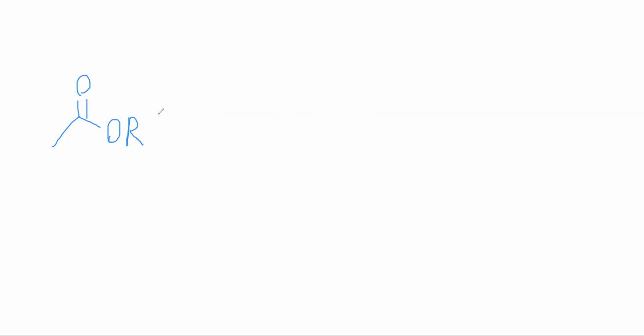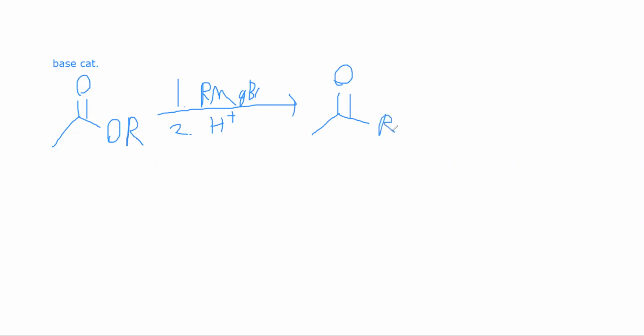And if you add a Grignard to an ester like this, this is also base catalyzed in terms of the mechanism, but that's going to pass through a ketone as an intermediate, because if you showed a mechanism, the nucleophile attacks and then you kick out the leaving group after you form the carbonyl, so you end up with a ketone because you've attached one Grignard.